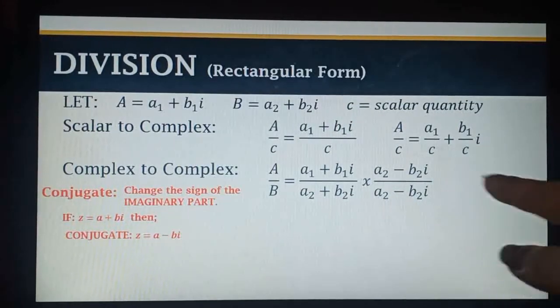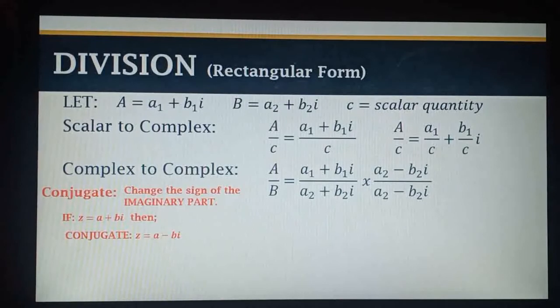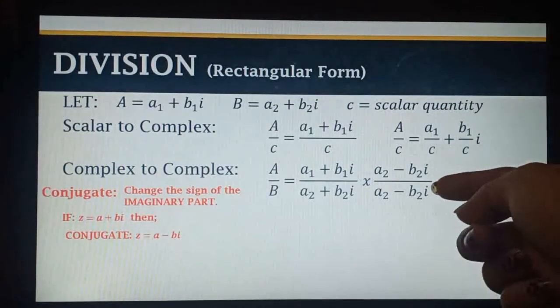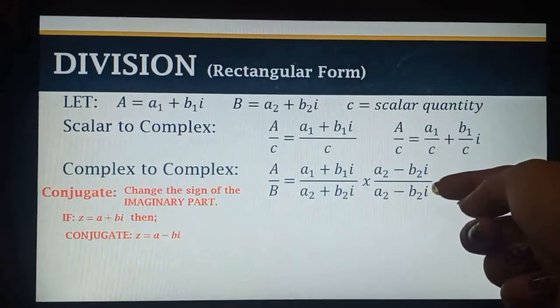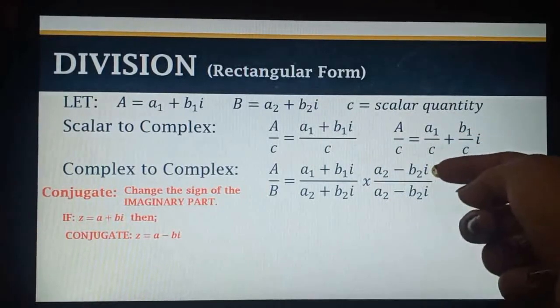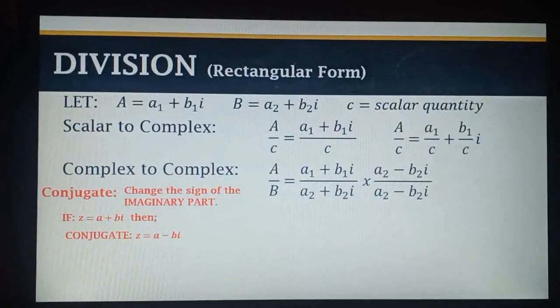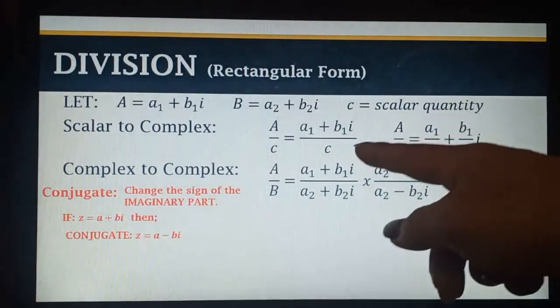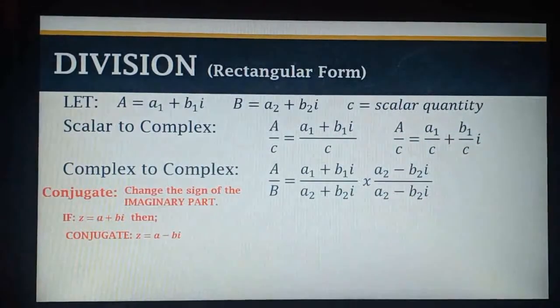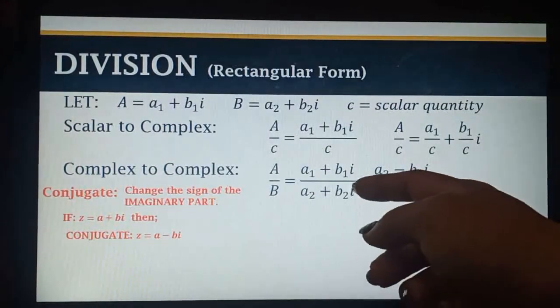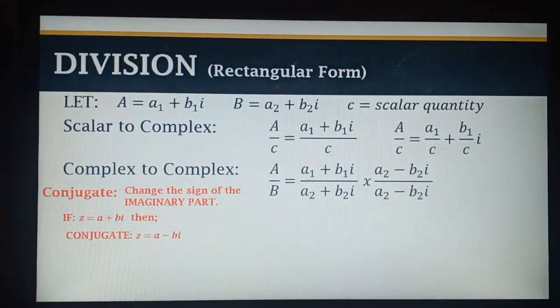Ngayon, para hindi affected yung original equation, since mag-multiply tayo sa baba, kailangan mag-multiply din tayo sa taas nung minultiply natin sa baba. Kasi this is equivalent to 1. Hindi maapektuhan yung original equation natin. Ang gagawin lang natin is we will simplify the equation wherein dapat walang imaginary part sa ilalim.